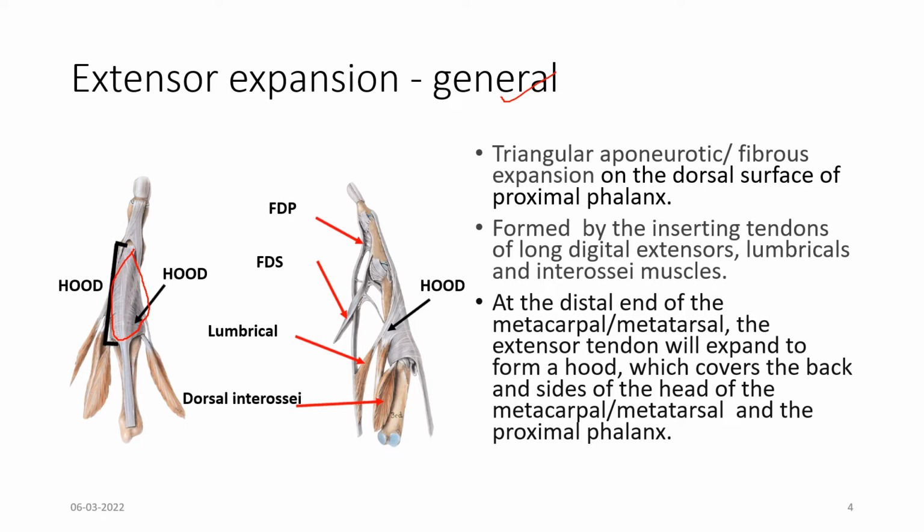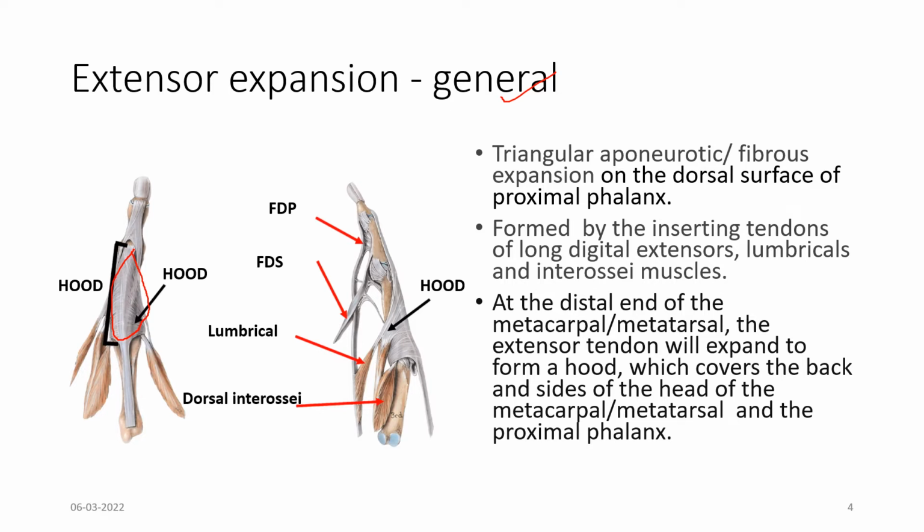At the distal end of the metacarpal bone in the case of hand and metatarsal bone in the case of foot, the extensor tendons will expand and form the hood that covers the back and sides. It's covering both the back and sides of the head of metacarpal or metatarsal and proximal phalanx.